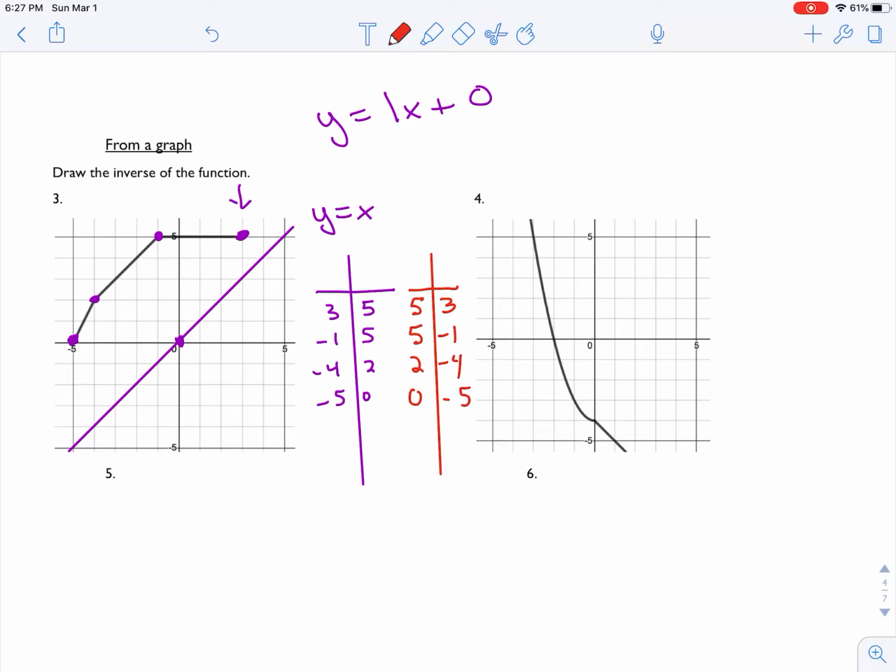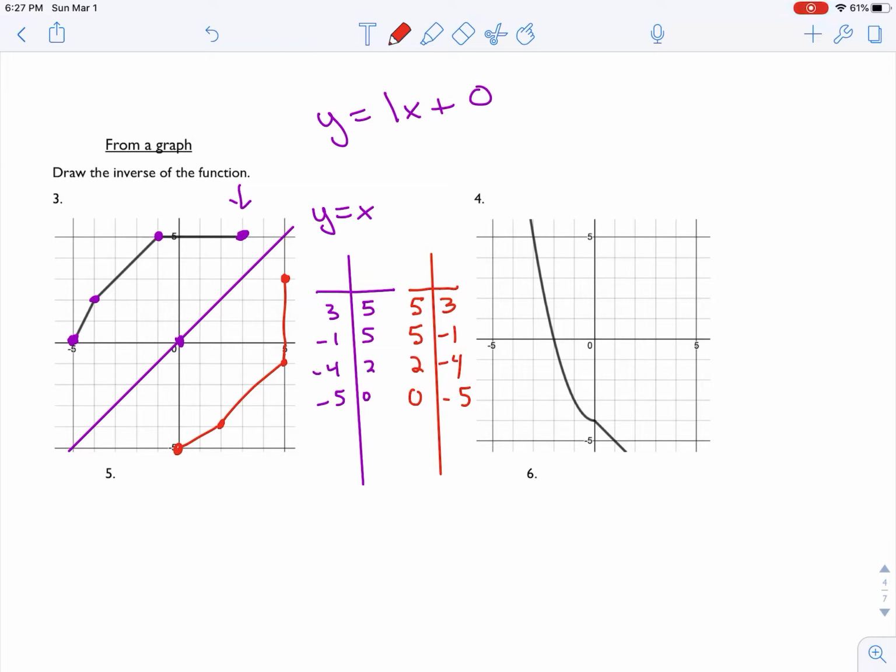And then you would plot those points. And voila. You can see how that's really an easier way to do it.